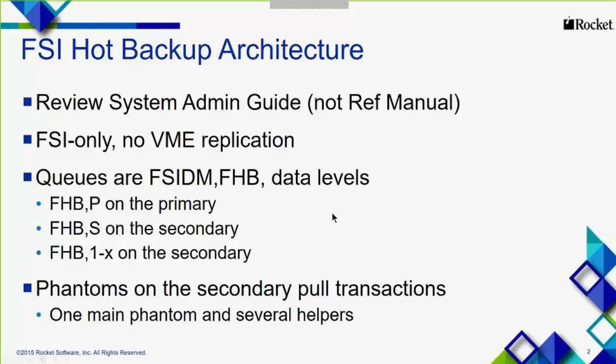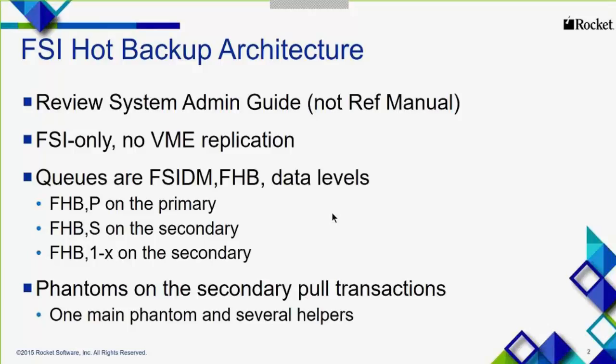The queues differ from D3 Unix Hot Backup because they are actual files in the FSI DM. Once you configure Hot Backup, you'll see an FHB file with one or more data levels. On the primary, you'll have an FHB,P, which is where your primary system enqueues all transactions.